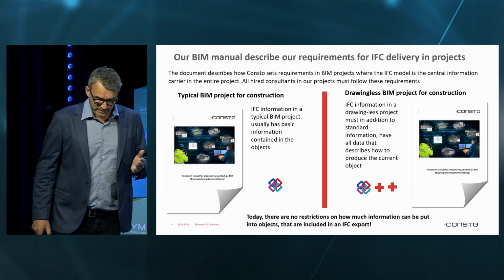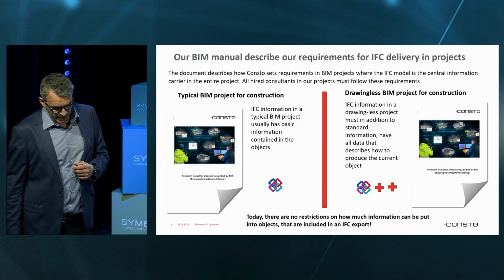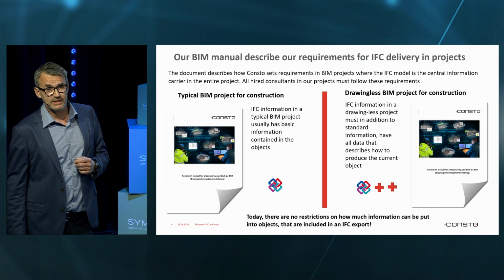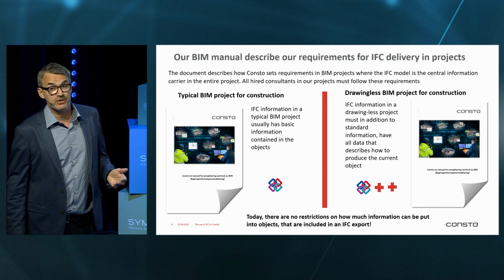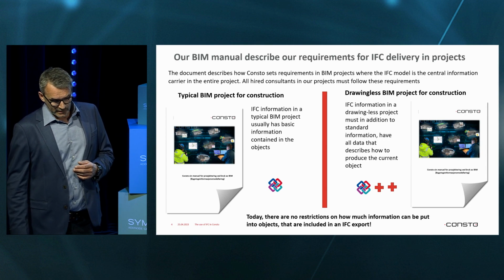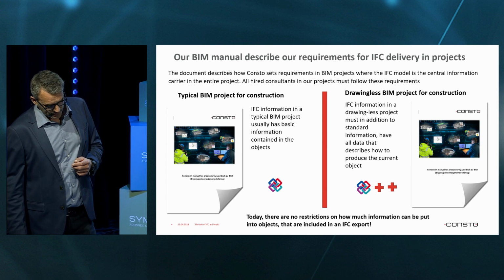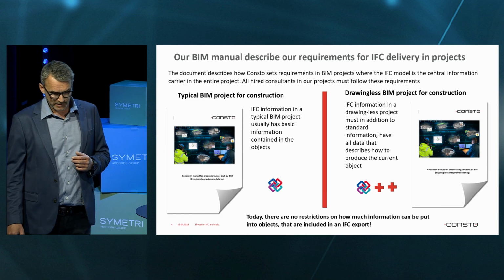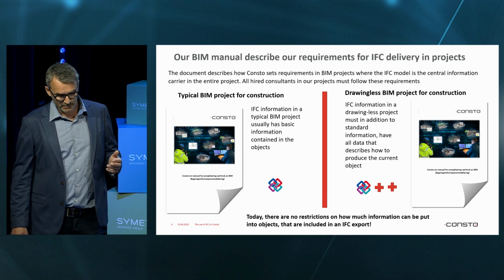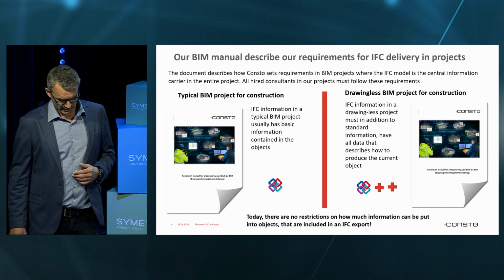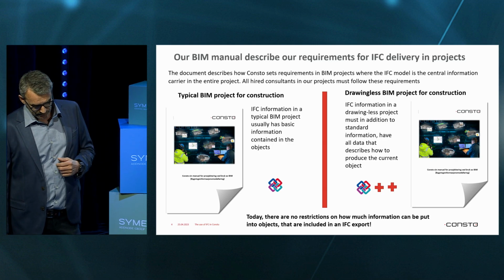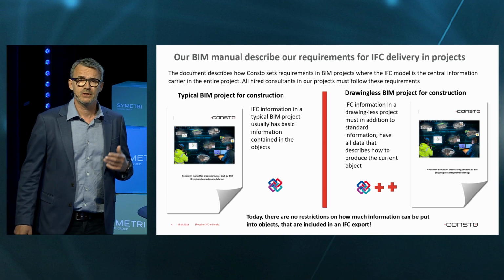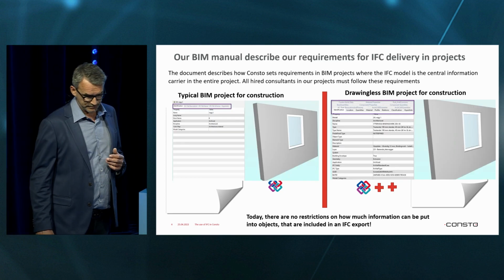In a typical BIM project, the IFC usually has only the basic information in the models. In a drawingless project, the IFC must have additional information beyond the standard, with all data inside the model, describing how to produce the current object.